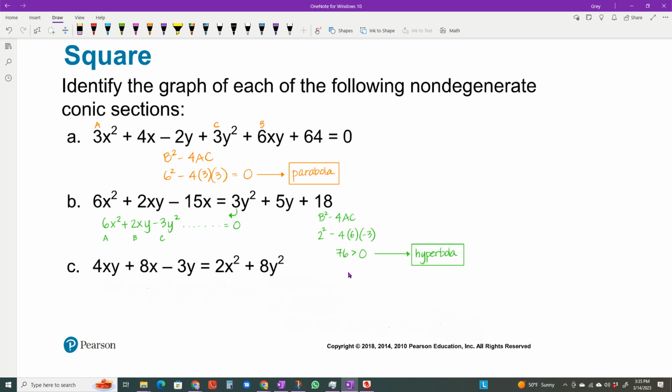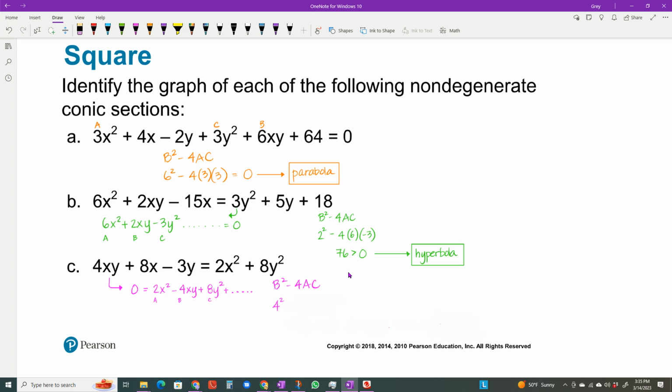All right. And in the last one, getting everything over to one side again, I got to move the 4xy to the other side. So you can move it all. 0 is equal to 2x squared minus 4xy plus 8y squared plus all the rest of it. Because really all I care about is A, B, and C. So when I plug it in, b squared minus 4ac, b is negative 4, but we know when we're squaring it, we don't need that negative.